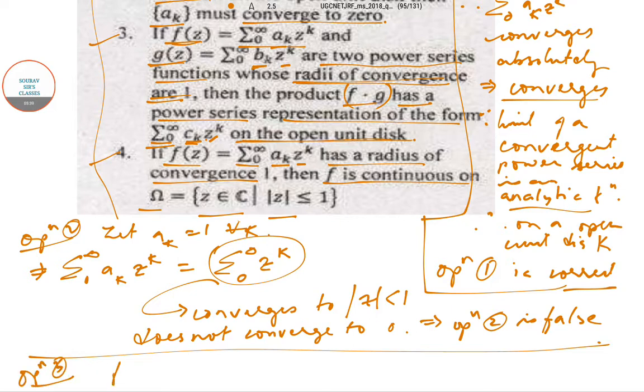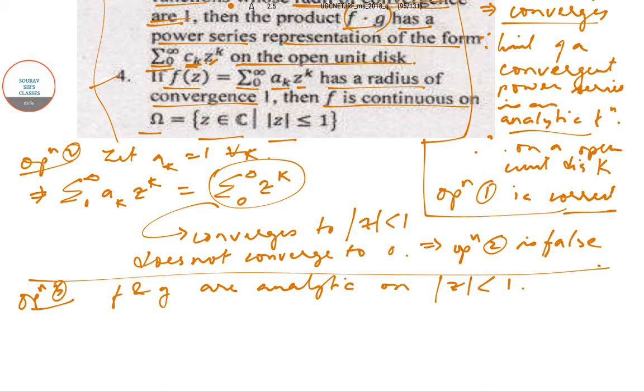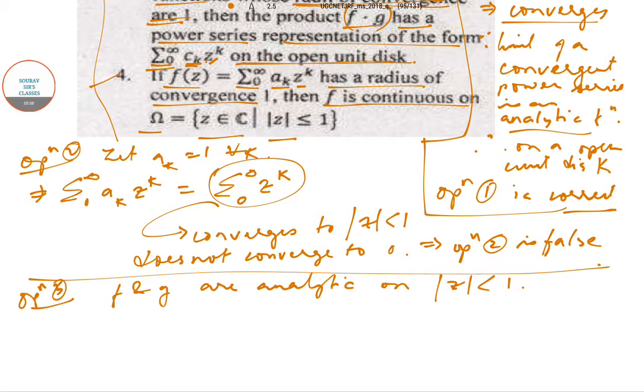Now in option 3 we know that f and g are analytic on mod of z less than 1. So if this is the case, then that implies that in this interval fg is also analytic on mod z less than 1.